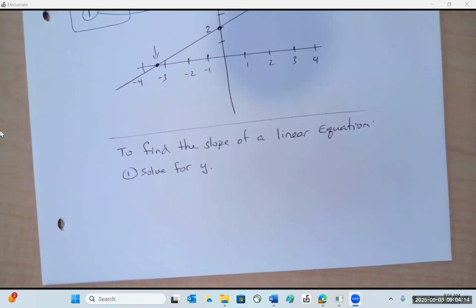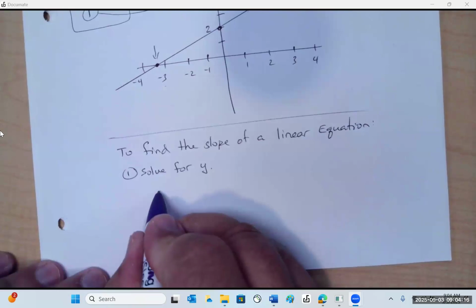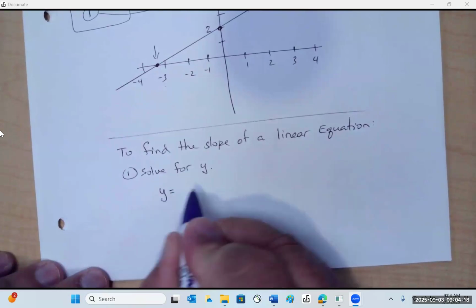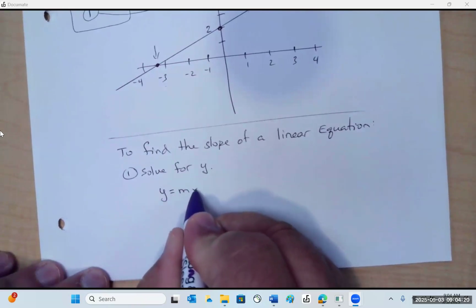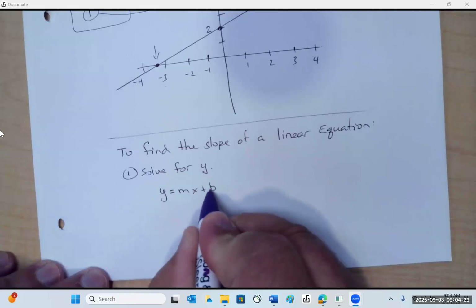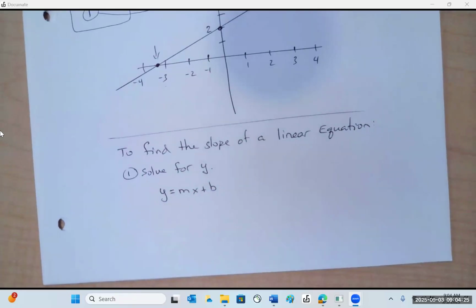When you solve for y, you're going to get an equation that looks like this. We'll talk more about this later on in chapter 1.